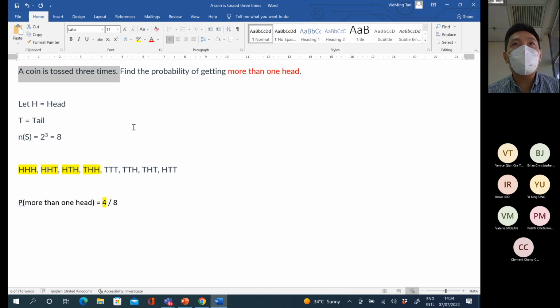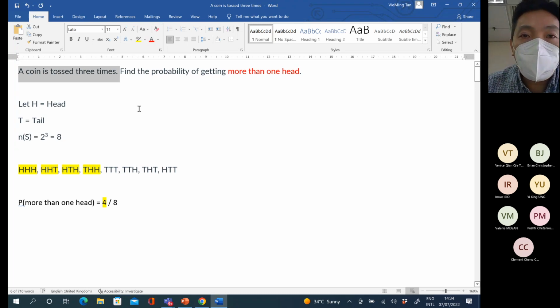Because the result of throwing the first coin will not affect the result of throwing the second coin, and also will not affect the result of throwing the third coin. So these 3 events will not affect the result among each other. So we can conclude the events of this action are independent events. That means we need to use the independent event probability concept to answer this question.